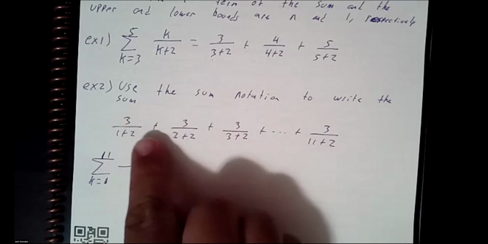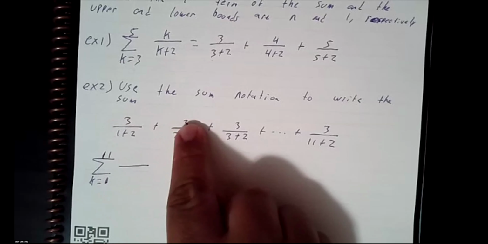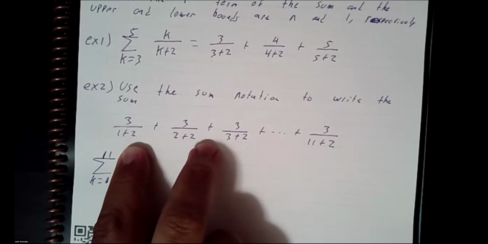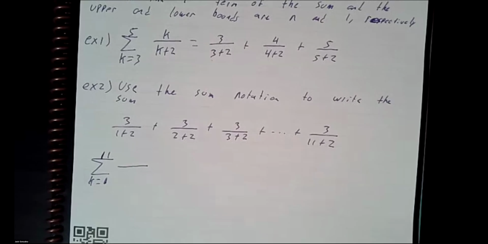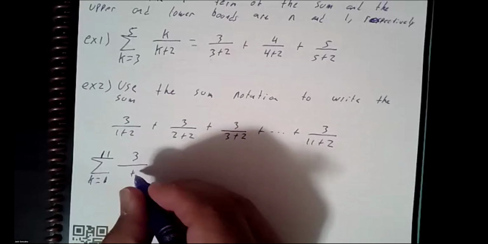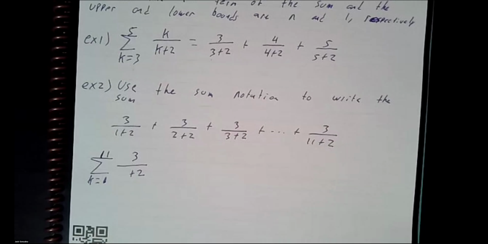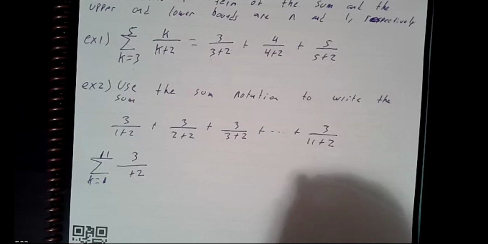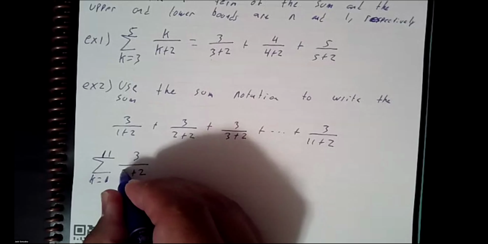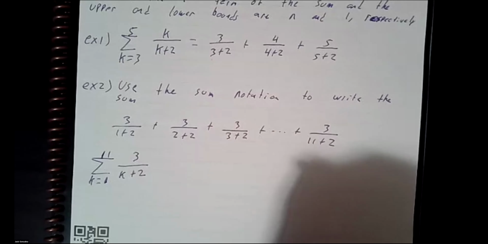Look at the things that are fixed. Do you see how the 3 is not changing, right? And then there's this 2 that's not changing. So that has to go right here, right? Yes. And the part that's changing is your variable because it's varying. So this would be your k.